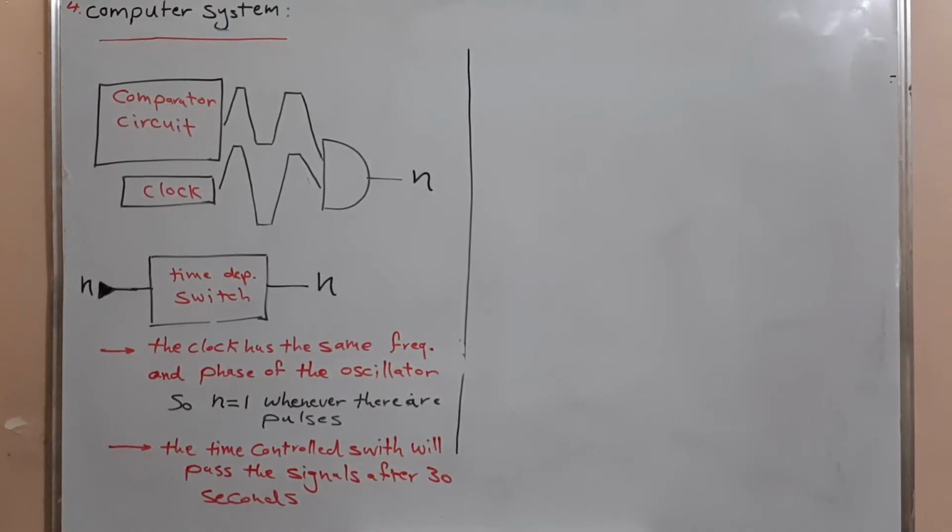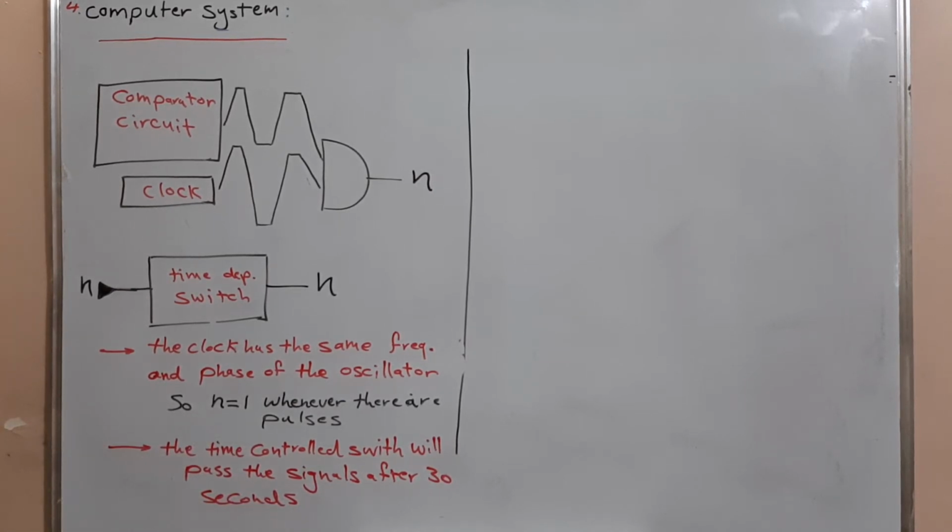Before we proceed in our explanation, there are 2 facts that we should mention. The first one is that pulses through the comparator circuit will meet together with pulses from the clock of our data path in this AND gate, and the clock should have the same frequency and phase of the oscillator, so that the resulting signal, which is N, will be equal to 1 whenever there are pulses through the comparator circuit.